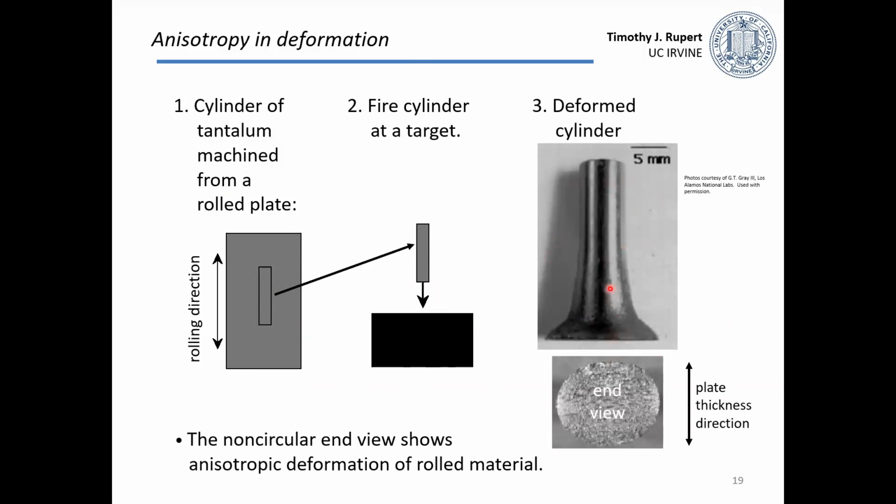So this thing, which was originally a perfect cylinder, was cut out of that plate. We slammed it into the surface. You can see that where it hit the surface, it deformed. But if you look at that end, you'll see that it deformed more in this horizontal direction versus that vertical direction. That's just a result of the fact that the grains and the crystals have been elongated and changed in their orientation.